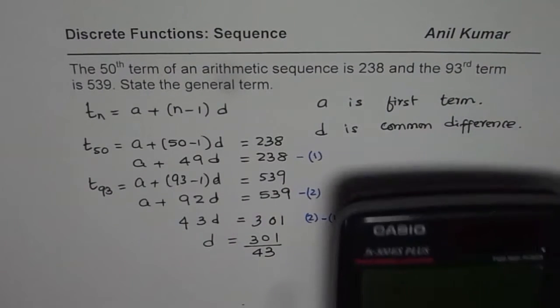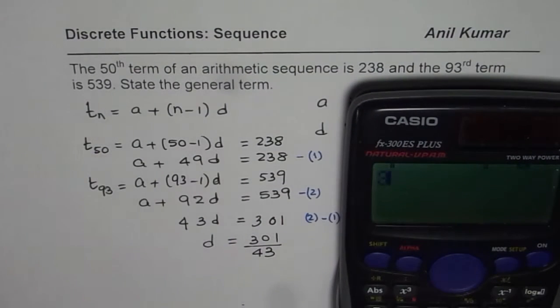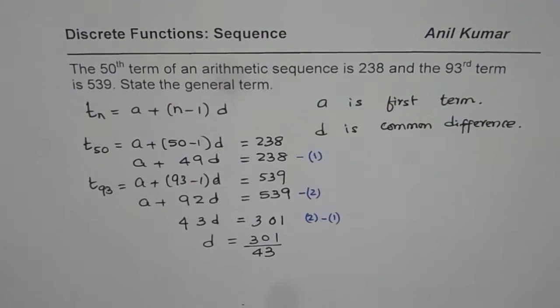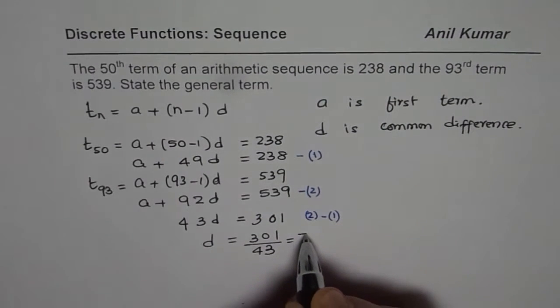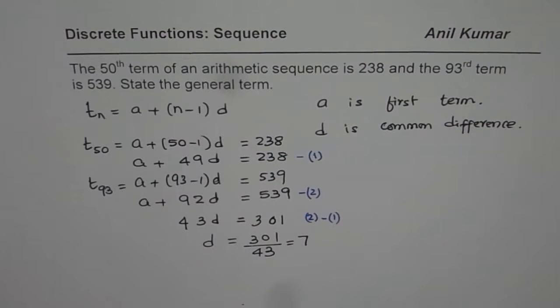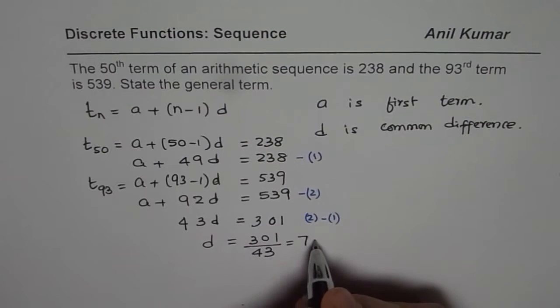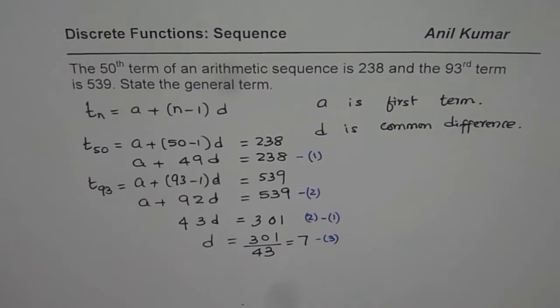We can use the calculator actually. We can use 301 divided by 43. So that gives you the number 7, right? So we get the common difference is 7. So d is known to us now. Since d is known to us, we can substitute d in any one of our equations and find the value of a, correct?